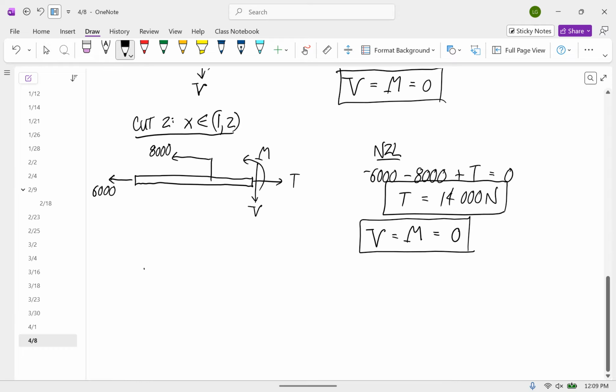And then cut 3 is for x's between 2 and 3.